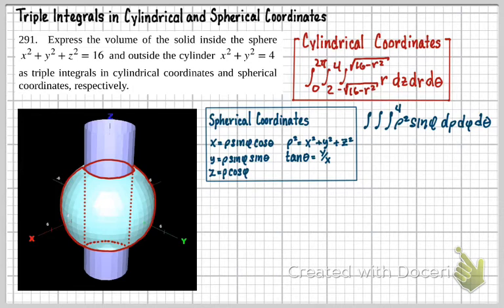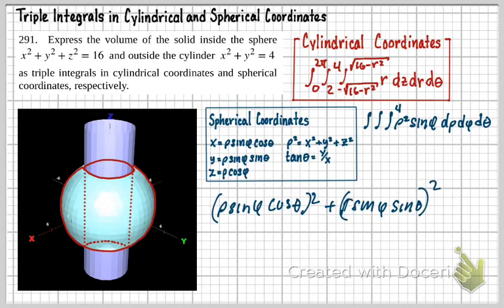So we're going to have x, and we're going to use this equation for that because that's the cylinder then. And we're going to be after that. That's going to be that lower bound. So my x is (rho sine phi cos theta) squared plus (rho sine phi sine theta) squared.